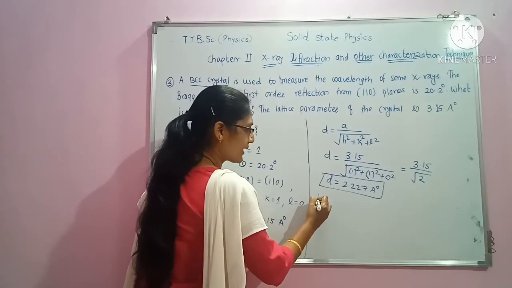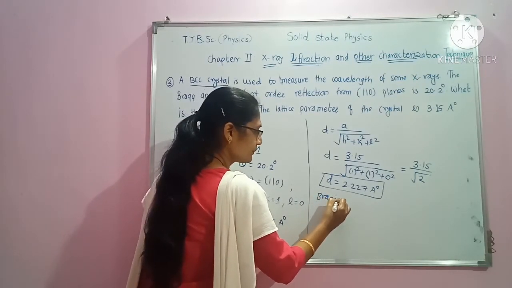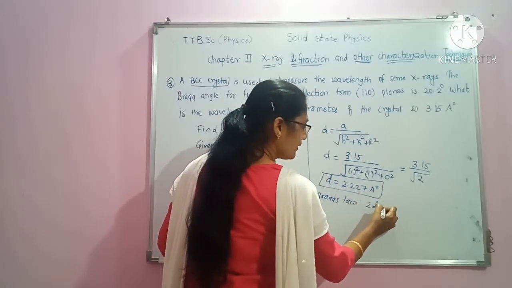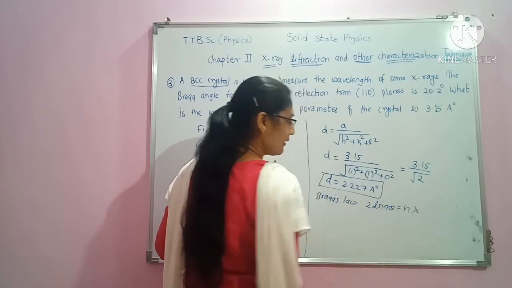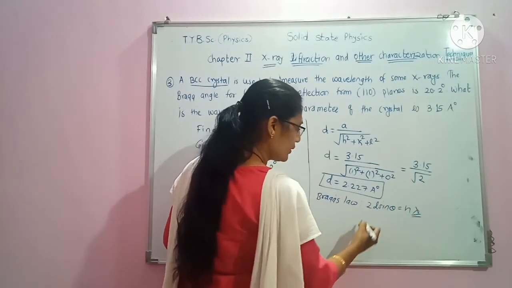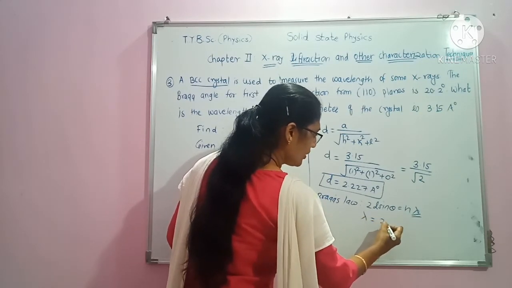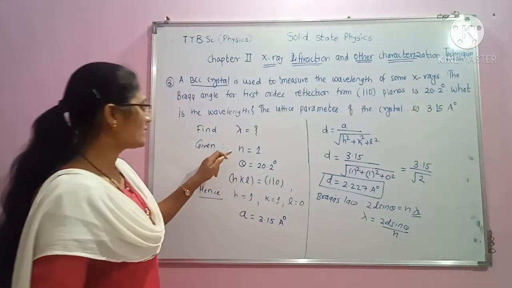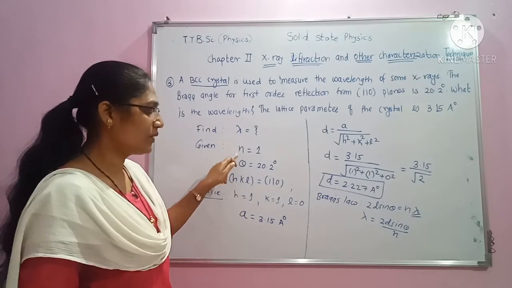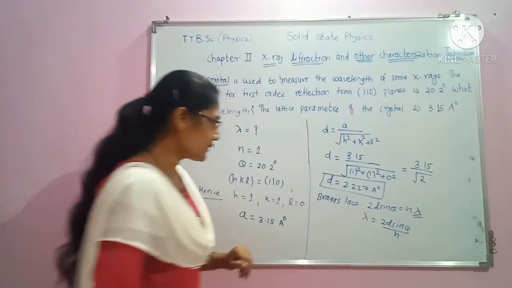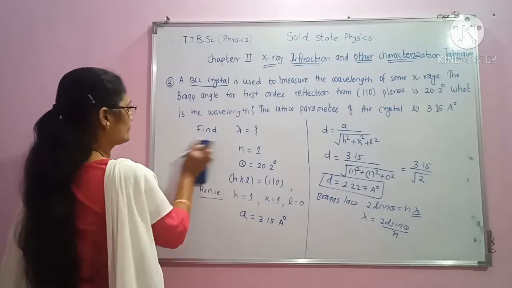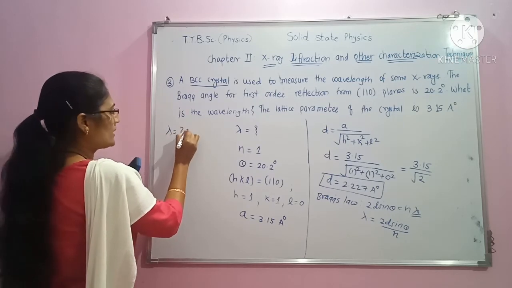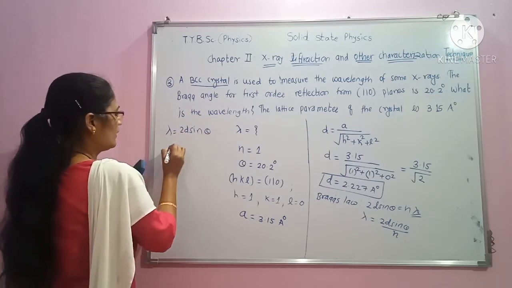So let's use Bragg's law, 2d sin theta is equal to n lambda, to find out the value of lambda. So lambda is equal to 2d sin theta divided by n. But as the reflection is of first order, lambda will have its value as 2d sin theta.